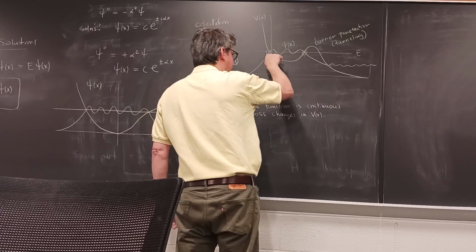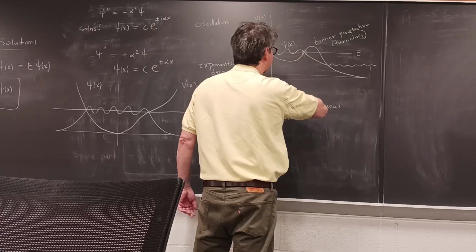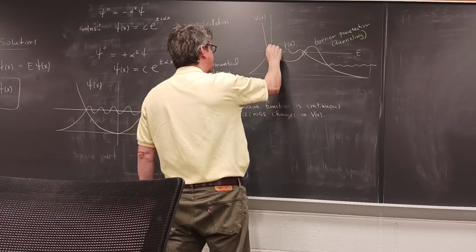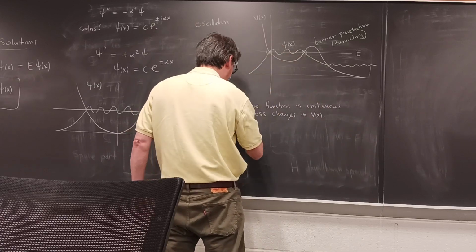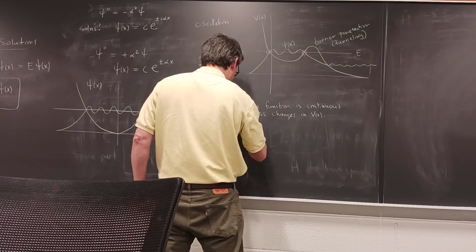So the function itself is continuous across the boundary, but also the slope, so the derivative of the function, is continuous across the boundary.